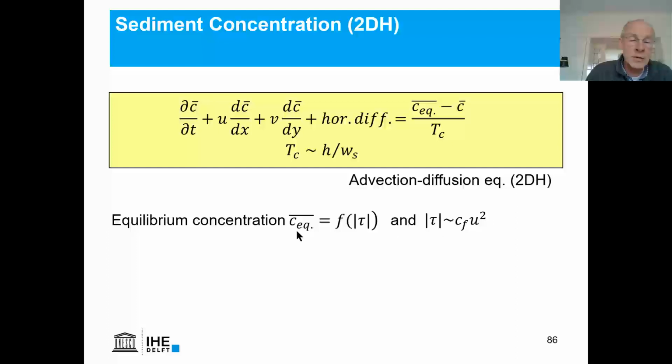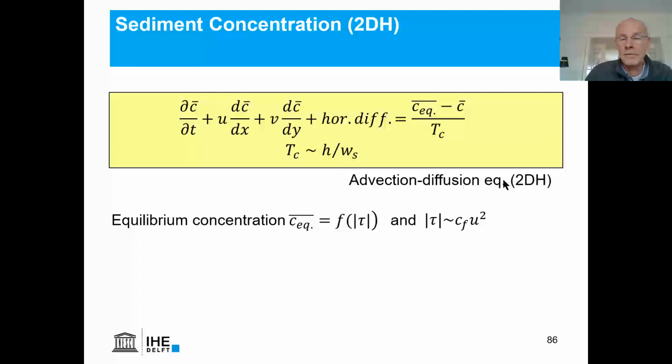And this equilibrium concentration can be computed using various approximations according to several sediment transport formulas. And so if you divide the sediment transport by the water depth and by the mean velocity, you get this average equilibrium concentration, which goes into this equation.